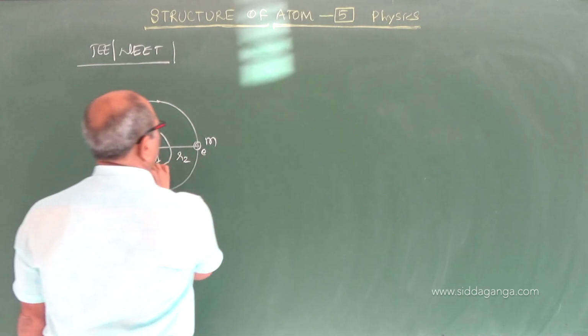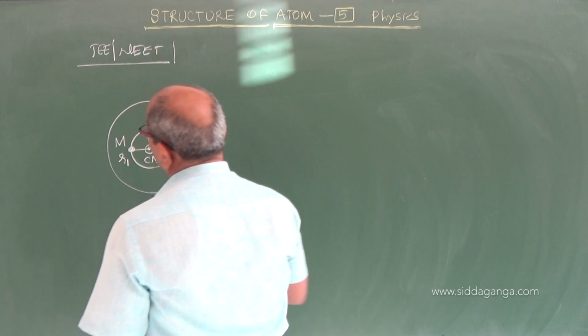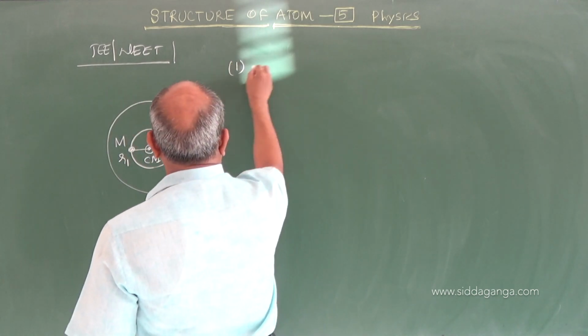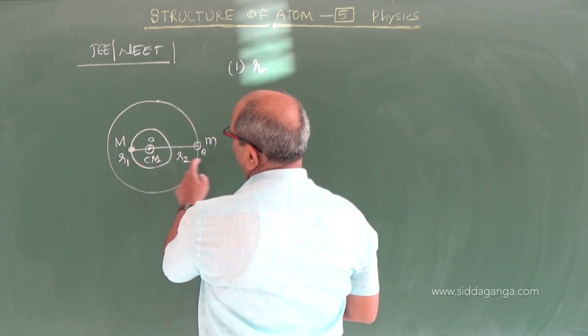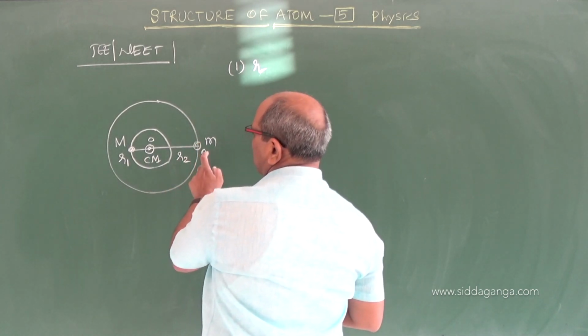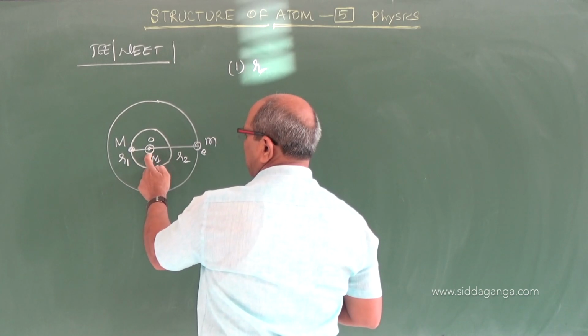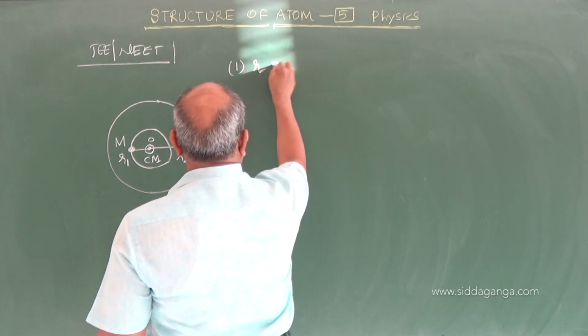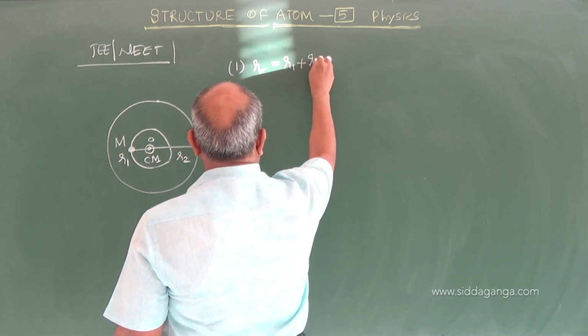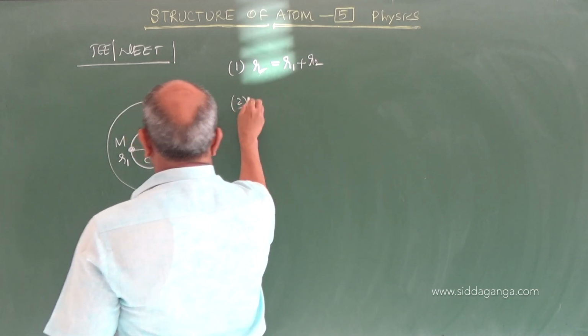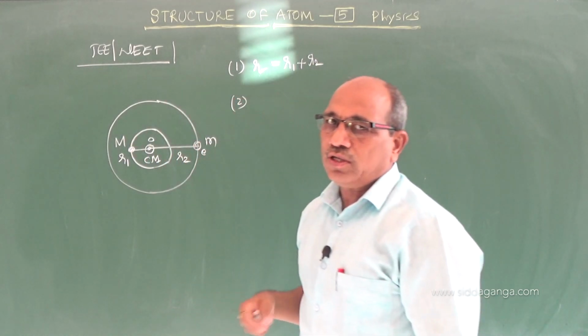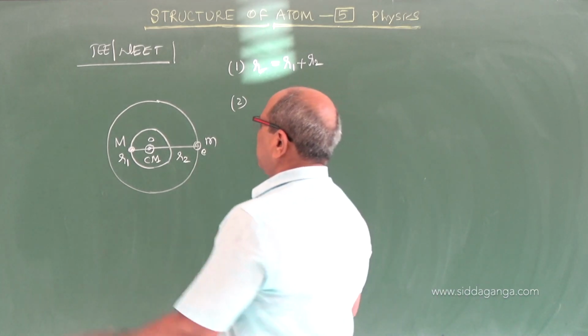So you know already in the center of mass calculation, r1 and r2 are the distances of the masses, either electron or the nucleus, from the center of mass, and r is equal to r1 plus r2. You have studied center of mass and system of particles.